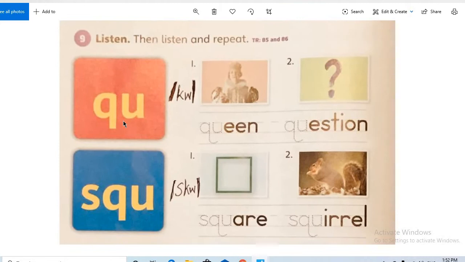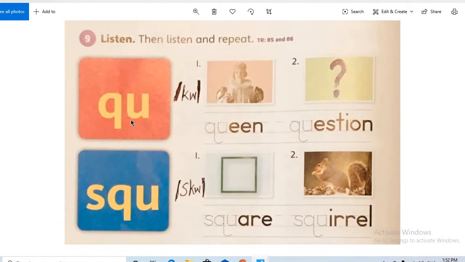We have the letters Q and U, and Q and U give us the sound KW, qua. We also have the letters SQU, which give us the sound SKW, square. Listen to the recording and repeat the sound.